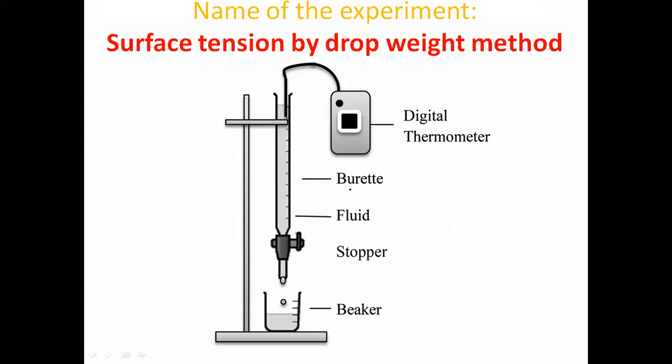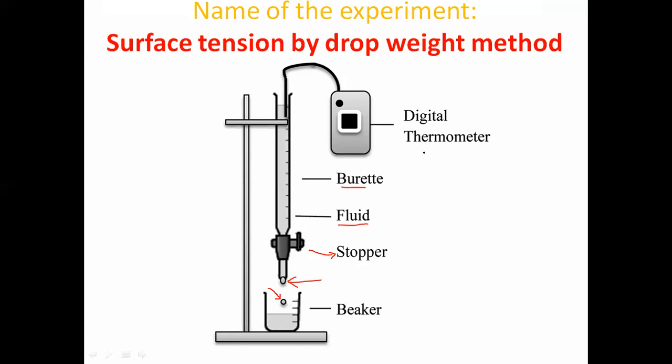This is the burette stand, then the fluid, that is water, the simply available fluid in our lab. After that, this is the stopper or pinch cock, and a beaker for collection of water droplets. Here you can observe the emerging drop and a falling drop of water inside the beaker.